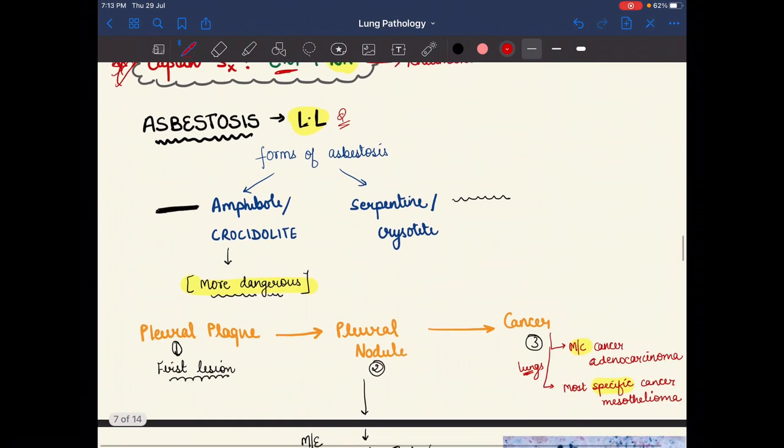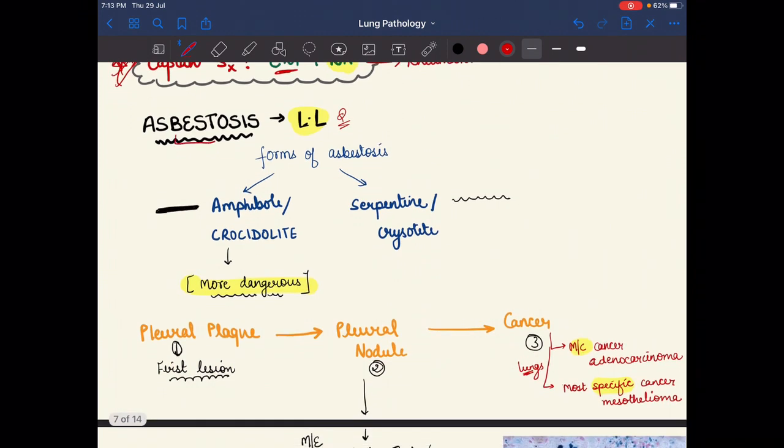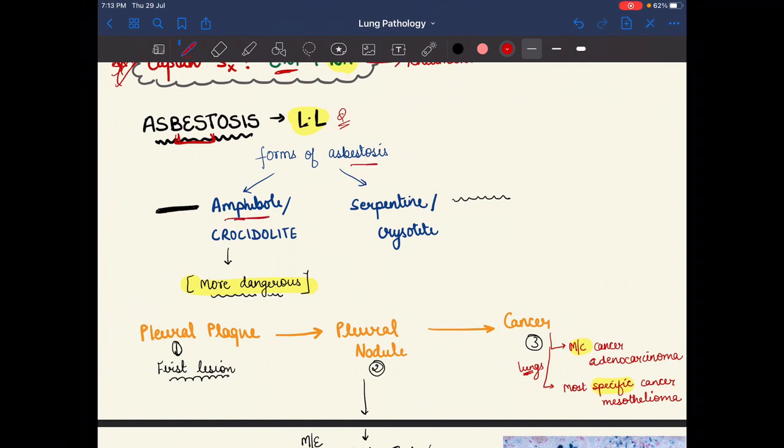Now next, after silicosis, we have asbestosis. As we know, this involves the left lower lobe, and all others involve the upper lobe. The forms of asbestos are amphibole and serpentine.